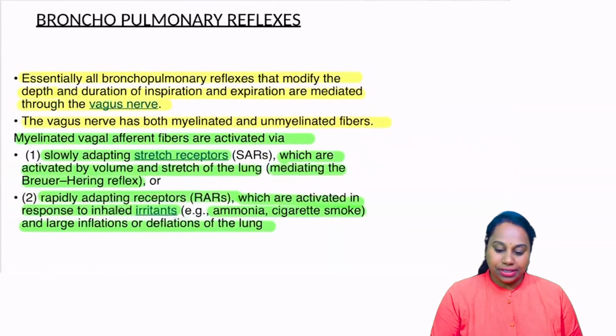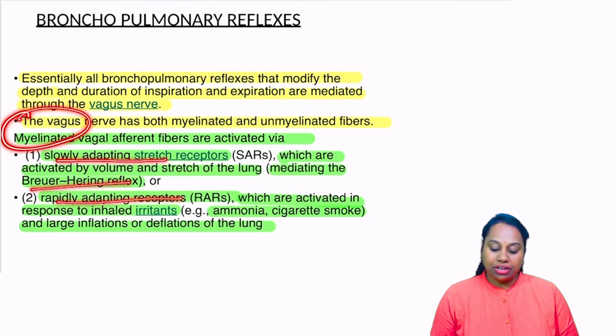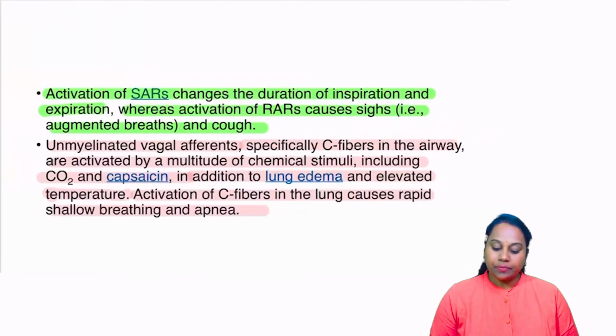So, to summarize this, the vagus myelinated slowly adapting fibers are responsible for the Hering-Breuer reflex, and rapidly adapting fibers are responsible for responding to inhaled irritants, thereby helping in cough reflexes.